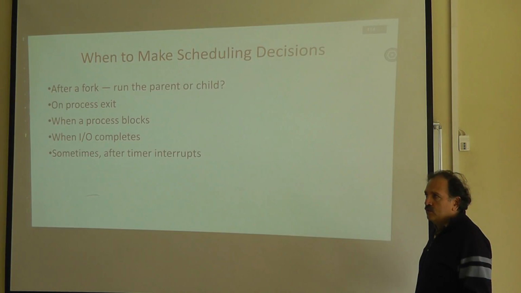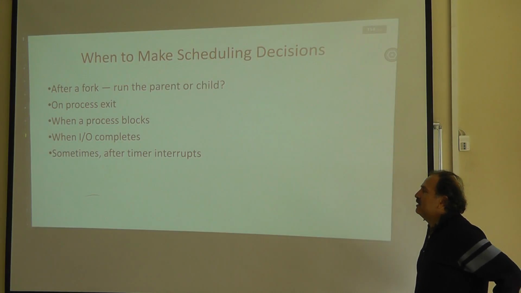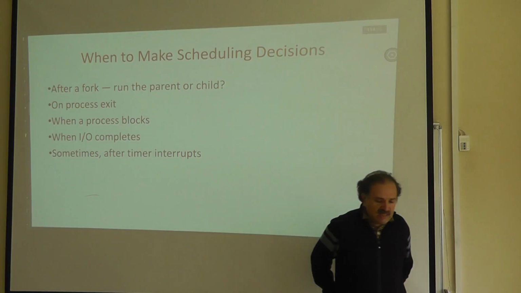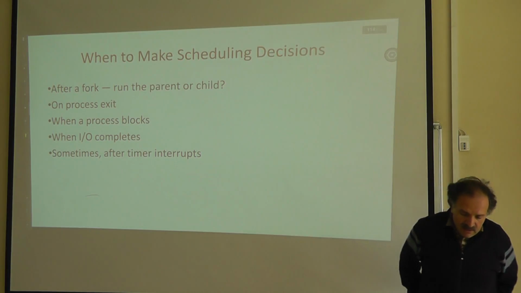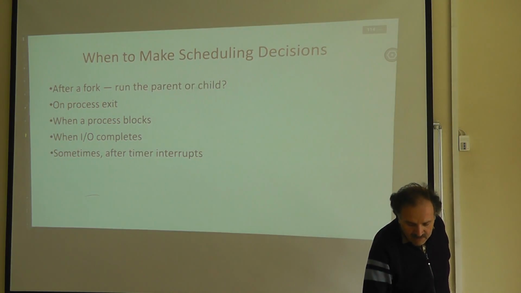When you make a fork, you have now two processes, a parent process and a child process. You need to decide which one to run first, the child or the parent. If you have a single CPU, you cannot run both of them at the same time. So this is a scheduling decision.